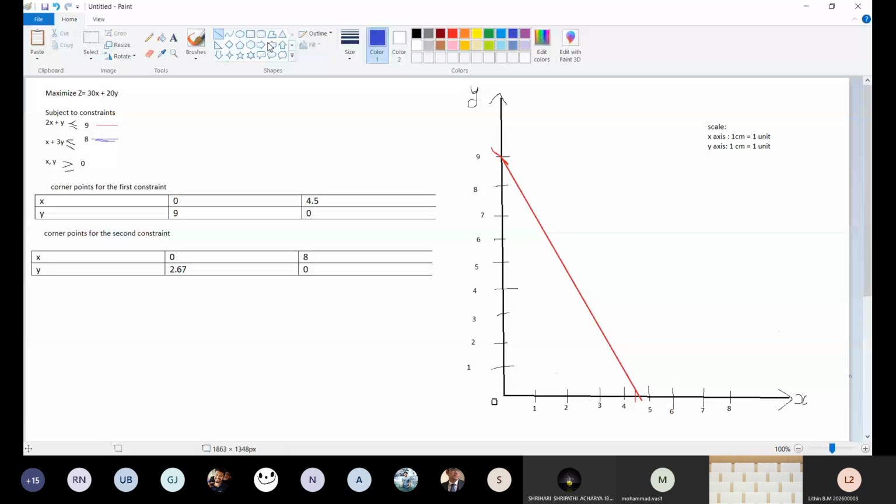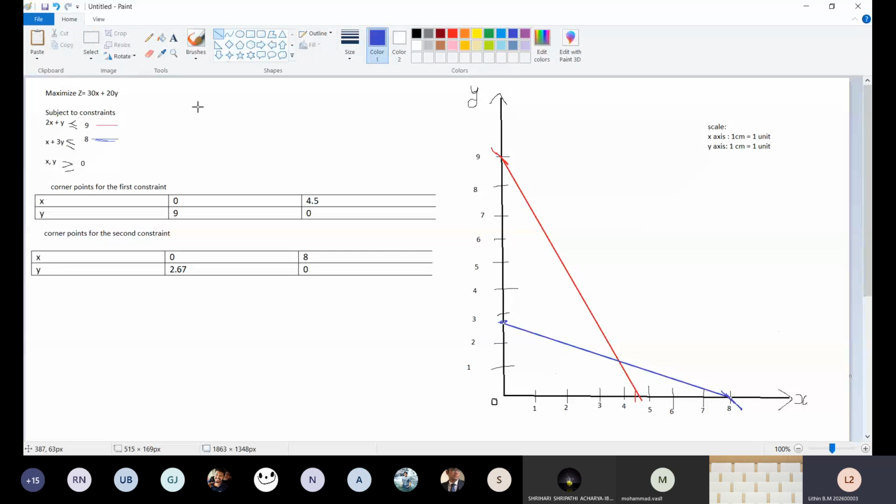So this is 8, and the other one is 2.67. Y is 2.67. It comes somewhere here, right? So let me join these two. So we're done with this, right?